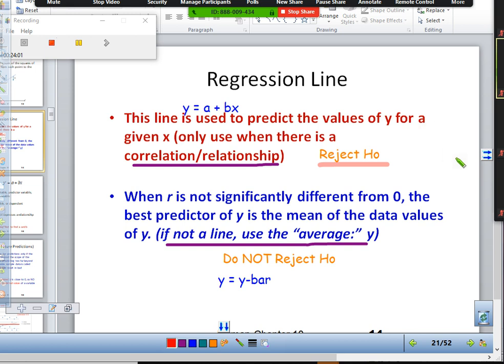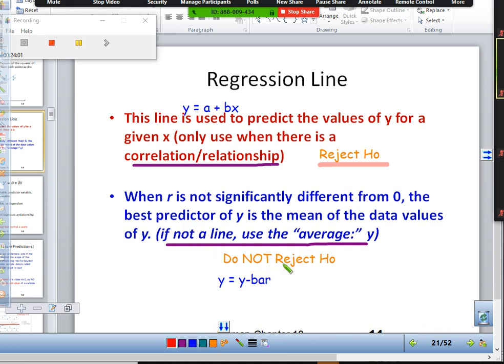When R is not significantly different from 0, the best predictor of y is the mean of the data values of y. If not a line, use the average y. Do not reject H naught. So in other words, if we do not reject H naught, then it's not a line.